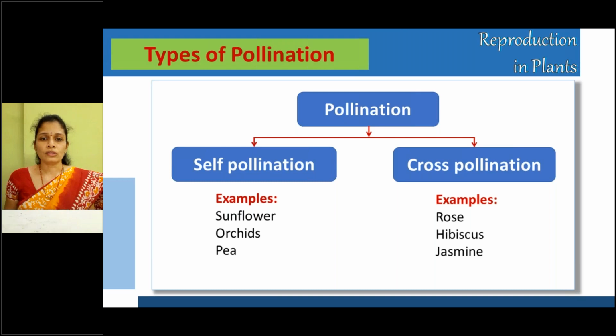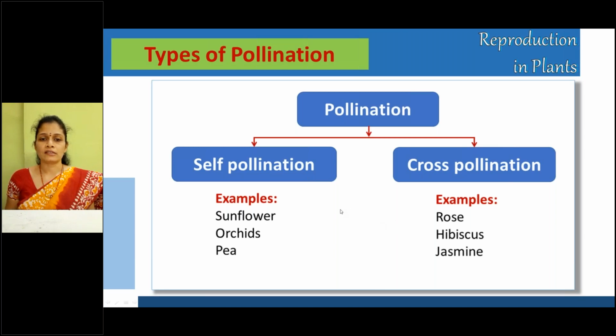Now there are 2 types of pollinations. What is that? Self-pollination and cross-pollination. Self-pollination examples are sunflower, orchids, pea. And cross-pollination examples are rose, hibiscus, jasmine.